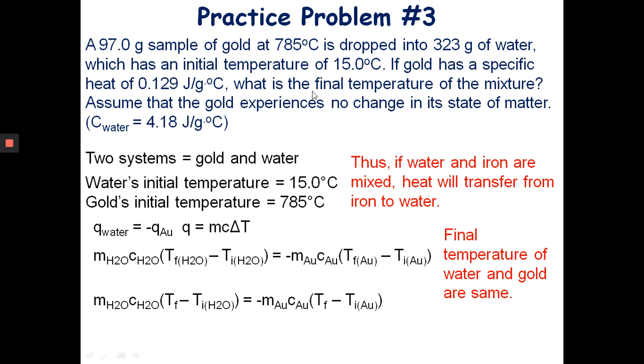I'm trying to calculate the final temperature, so I'm going to have to actually isolate the final temperature. There are two places for this same variable. I'm going to have to first take this one out of the bracket, so I'm going to get the bracket out of it. I'm going to distribute these factors. So I'm going to multiply the mass of water and the specific heat of water to both terms.